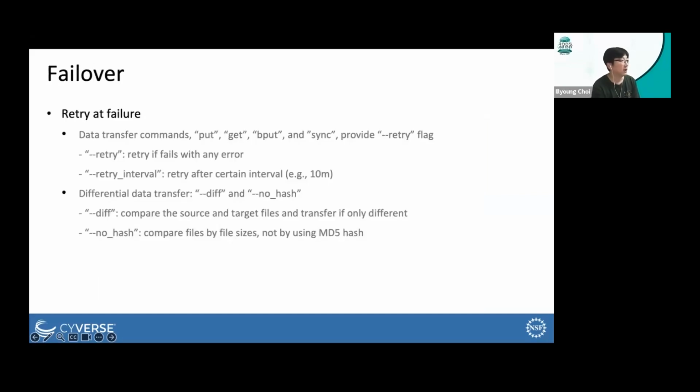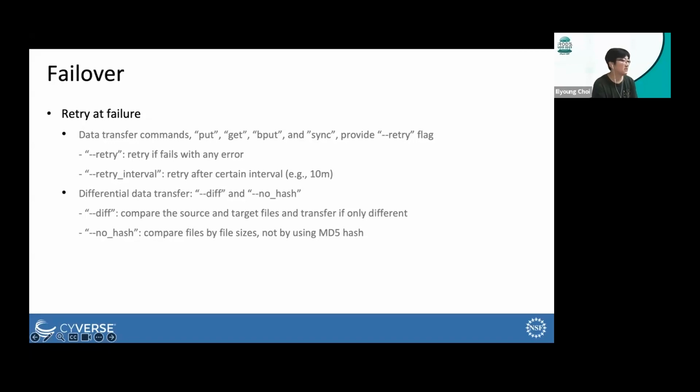GoCommands also has a retry feature. Network errors can occur in the middle of large data transfer. To continue the data transfer from the failure, we added a retry flag. With the flag, GoCommands retries the transfer with given tries and a given interval. Also, you can perform differential data transfer with the diff flag.